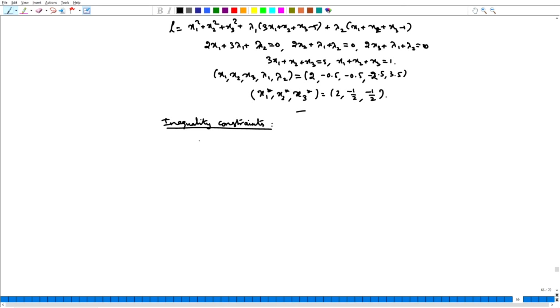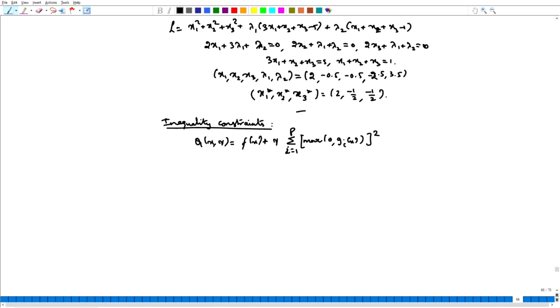So in this case q of x comma gamma will be f of x plus gamma into summation of max of 0 comma g a of x, the whole squared.